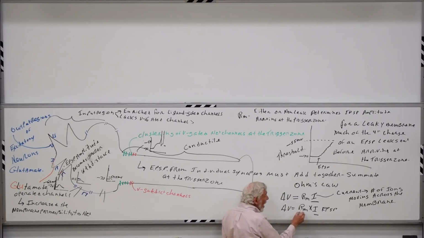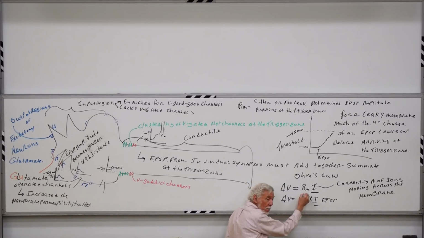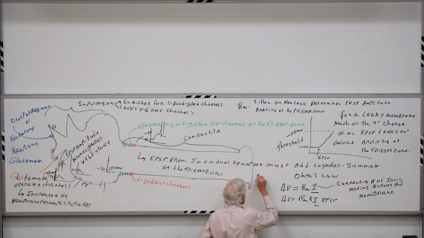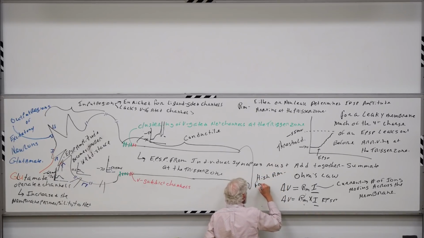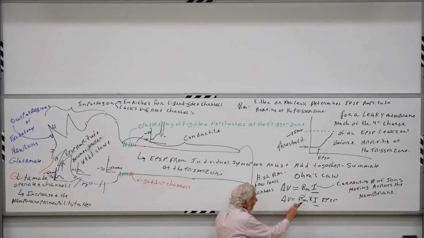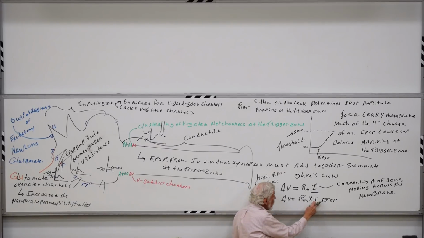But now we can imagine either a high R sub m or a low R sub m. If R sub m is high, that's a tight membrane, so high R sub m is few leak channels. If R sub m is big, and this number is fixed, what does that say about delta V?